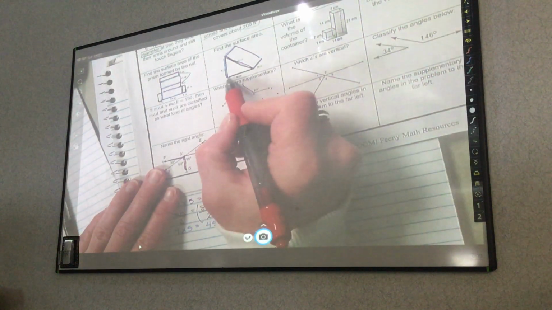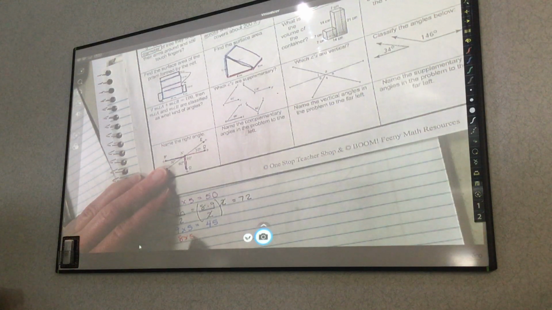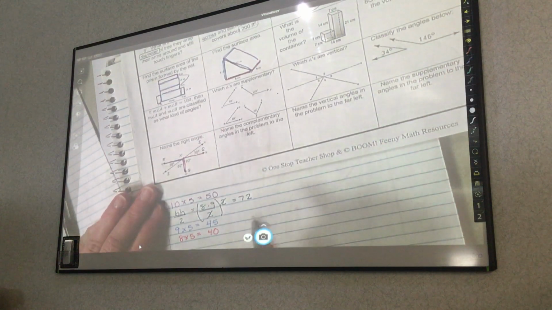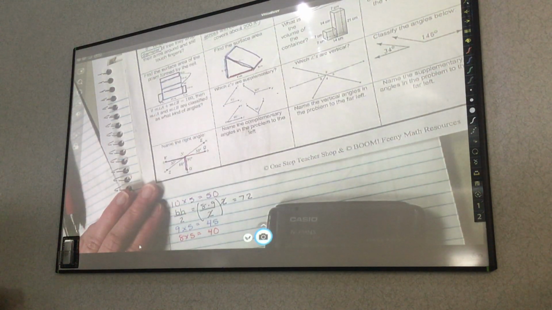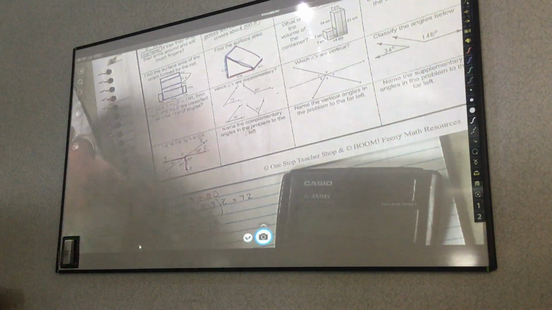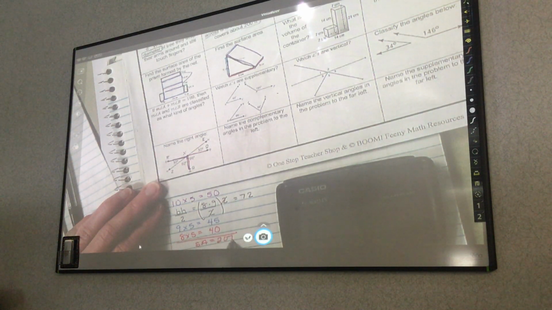The bottom, which would be 8 by 5, which is 40. Okay? So then I add them up. 50 plus 72 plus 45 plus 40. And my answer, the surface area is 207. And that would be centimeters squared.